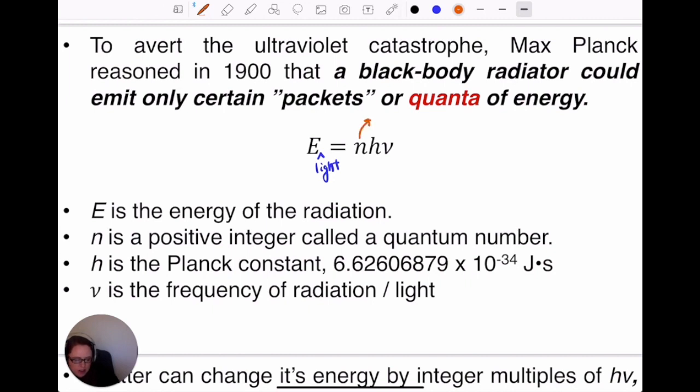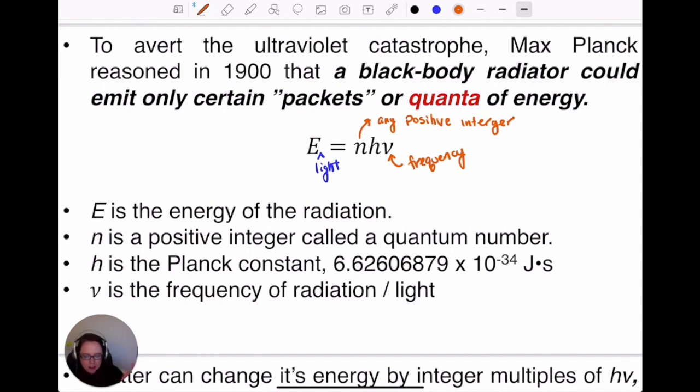So n is just any positive integer. And then nu is still our frequency. And then h is a factor called the Planck constant.